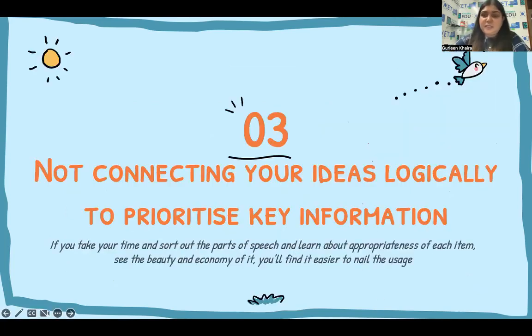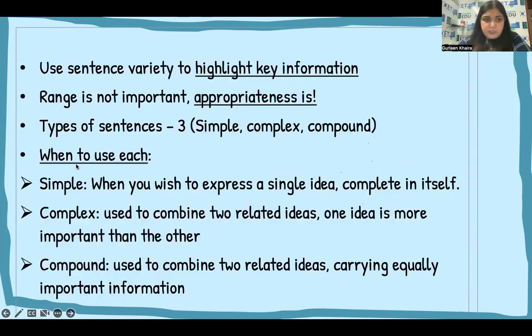Okay, the third part of this lesson, which is about connecting your ideas logically to prioritize key information. Use sentence variety to highlight key information. The range is not important. Appropriateness is. What do we mean by this? See, it's a common misconception for people to believe that you have to demonstrate a range of grammar.